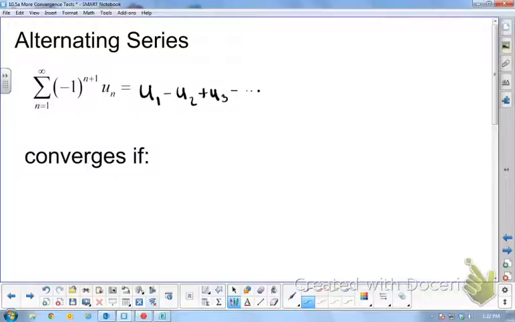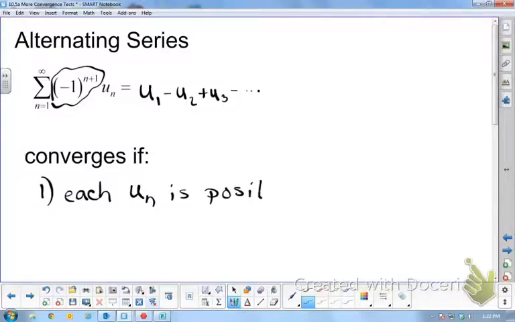This is what the test says. It works if each u sub n, ignoring this part here, so u sub n doesn't include that negative part, if each u sub n on its own is positive, ignoring the factor part that makes it alternate.